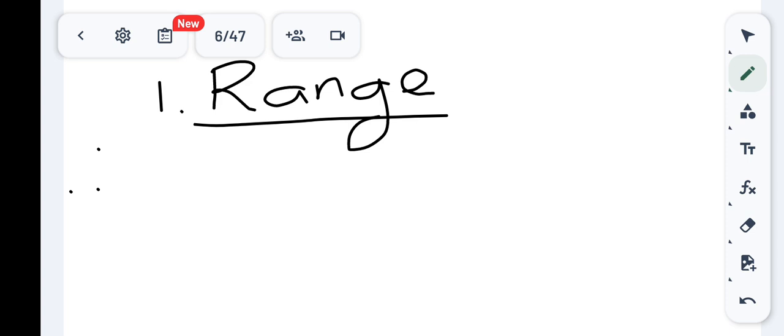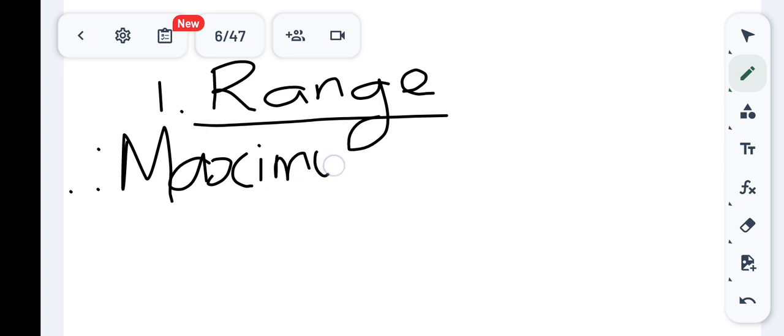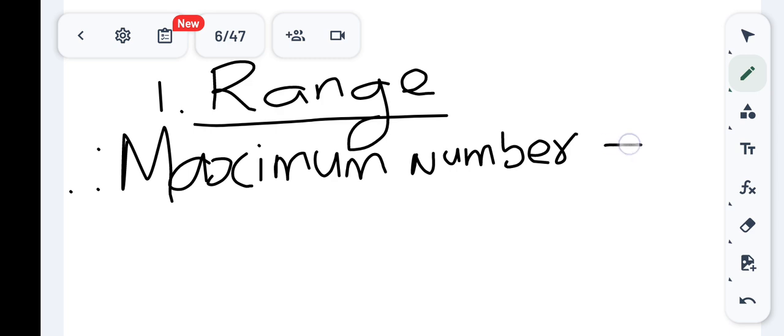So in statistics, the highest number, we call it maximum number, or maximum value. So we are saying a range is the difference. The fact that we are saying difference, therefore, that is a minus.